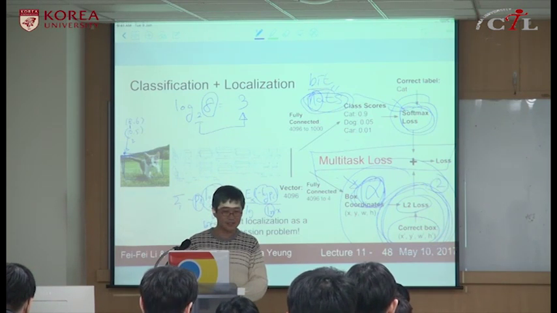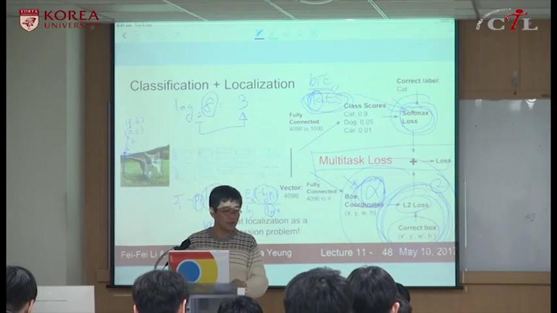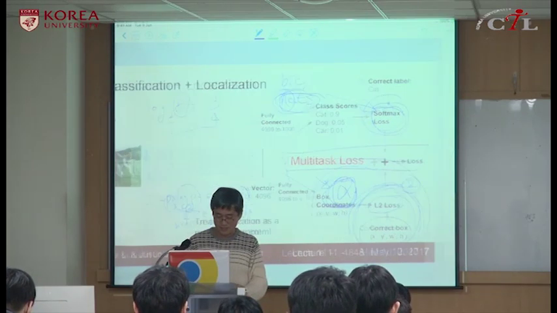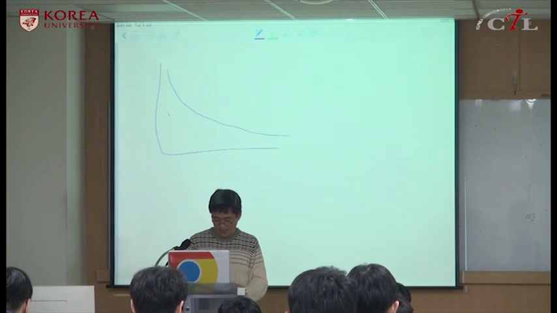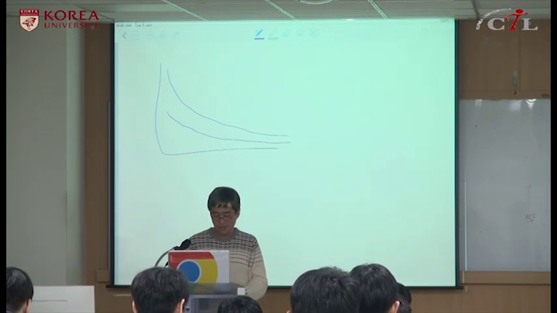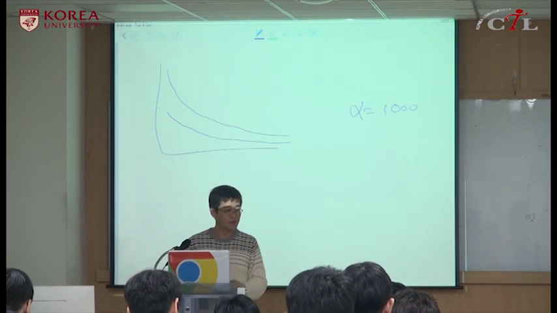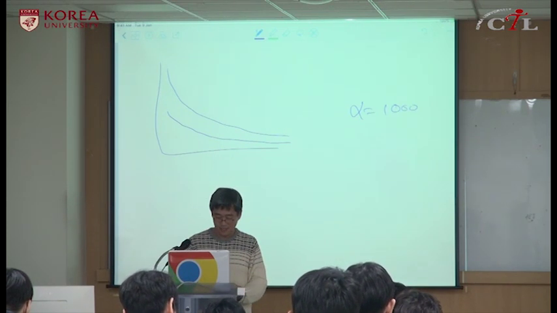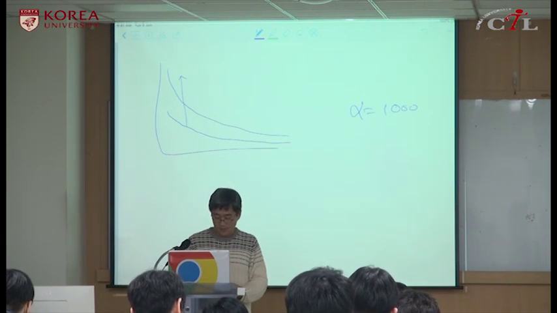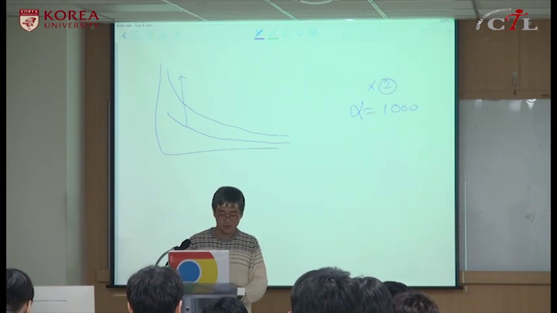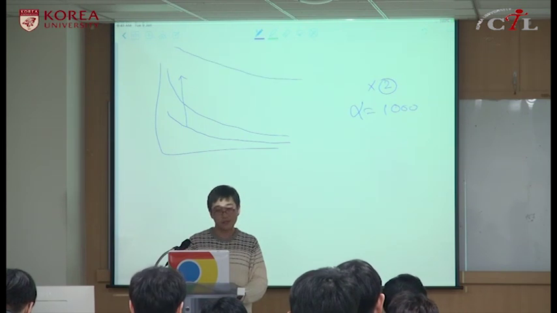Let's call this second one the loss before multiplying with alpha, and draw it like this. Then suppose alpha was set as maybe 1,000 in the current training stage, and alpha times the regression loss will be like this, right?